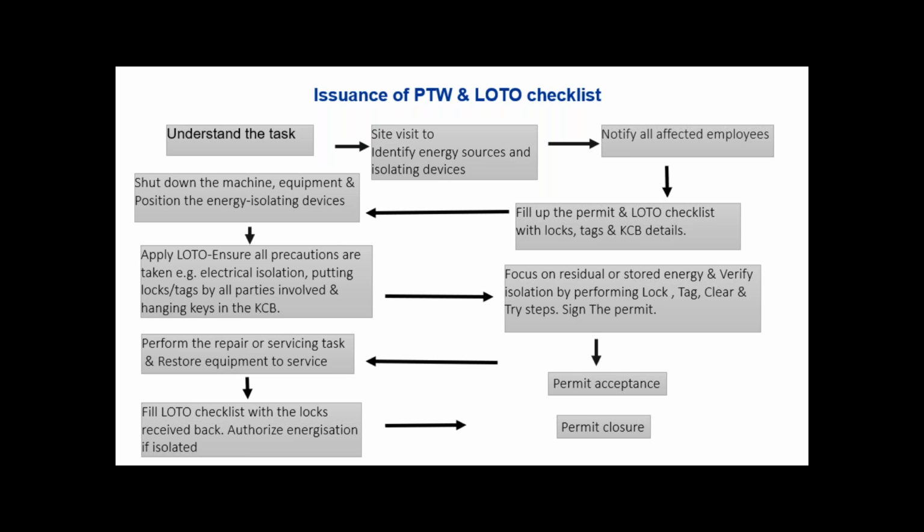So that is called permit closure. So in this single slide you can understand what exactly the issuance of permit to work is and what is the relation of this PTW to the LOTO systems or to the LOTO checklist. Thank you.